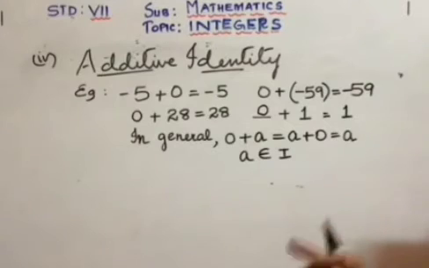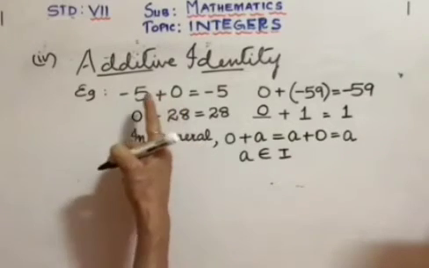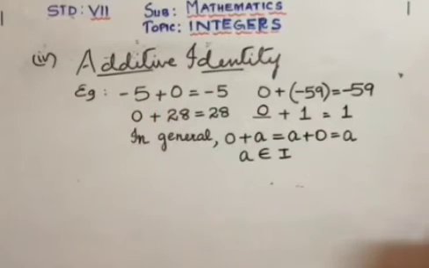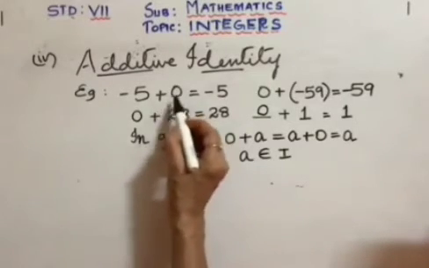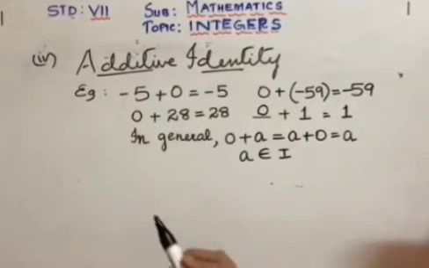So we can sum it up as, when 0 is added to any integer, you get back the same integer that was added to 0. Therefore, 0 is called additive identity of integers, or 0 is called identity element of integers. Okay? Please make a note.